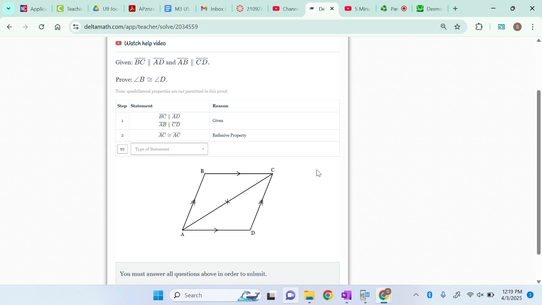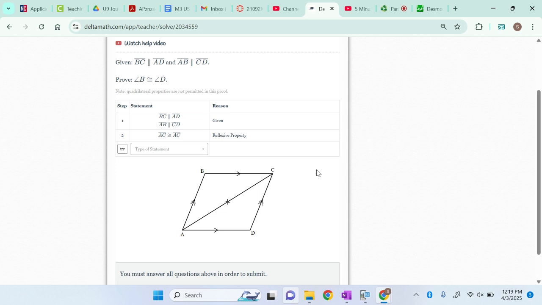So angle BCA is congruent to angle DAC because they're alternate interior.